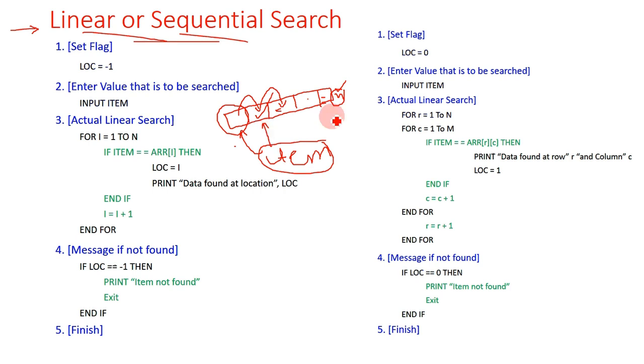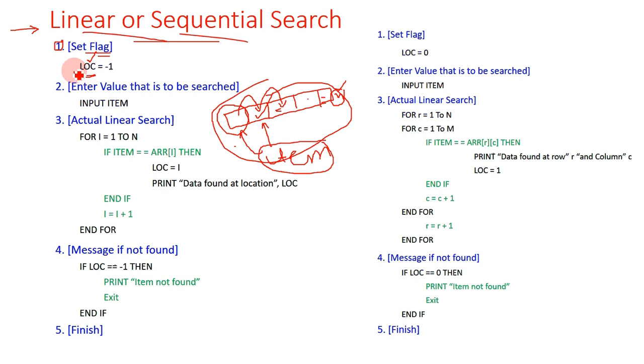How can we implement this? What is the procedure or the algorithm to implement the studied process? So in the first step we set up a flag LOC. LOC is the flag, and it is used for two purposes.